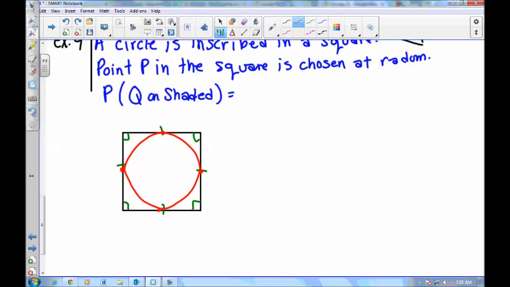And our shaded region is going to be the region outside the circle, but still in the square. You need to know where the shaded part is. And we're given that the side length is 6 centimeters.